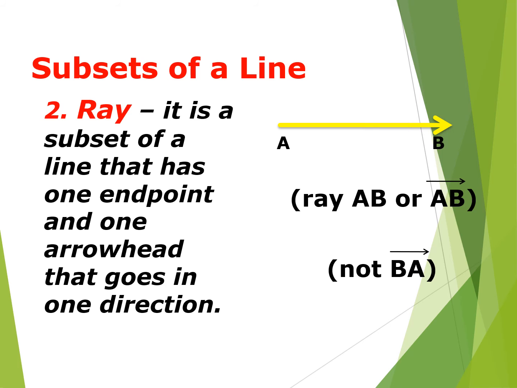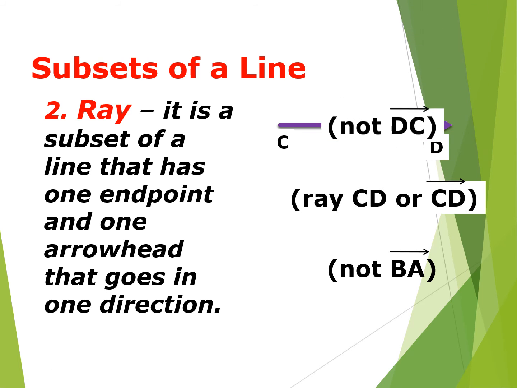We cannot interchange the name of a ray because of the arrowhead represented by point B. For this one, we have ray CD, not DC. Kung nasaan po yung arrowhead, yun yung last letter that we are going to use.